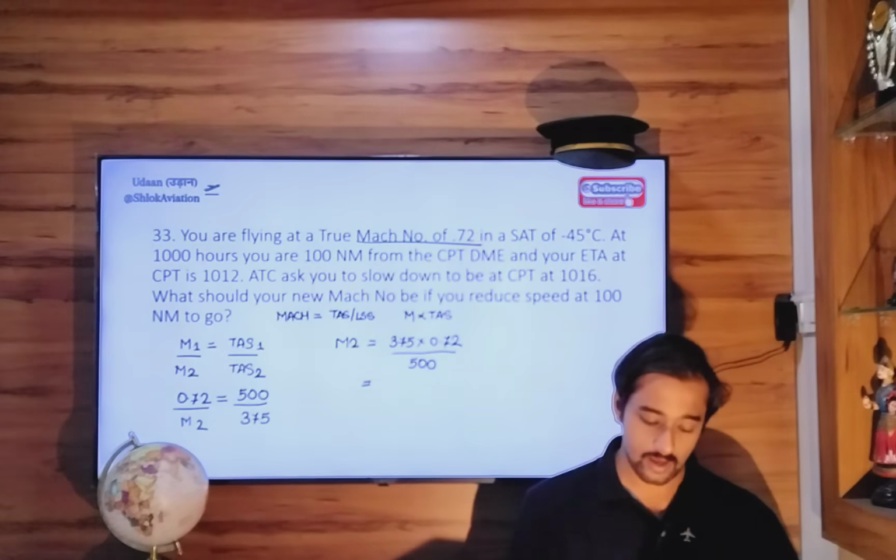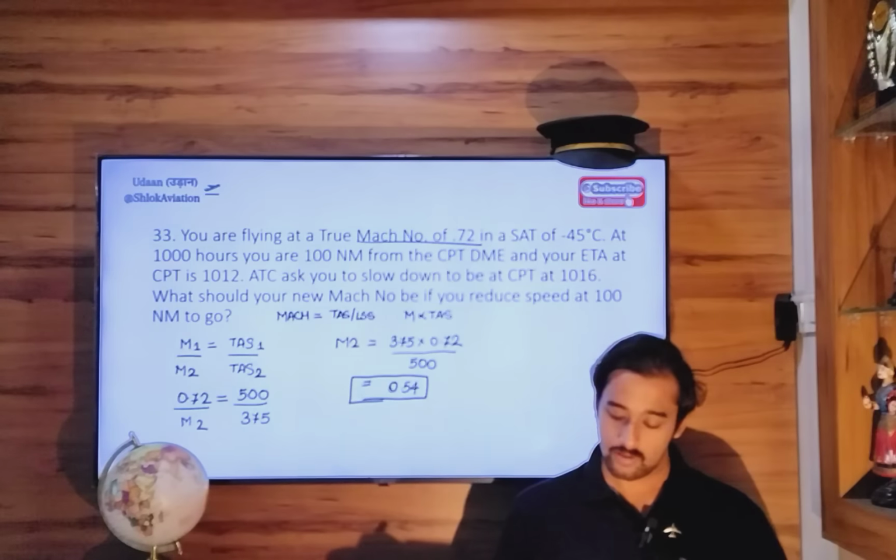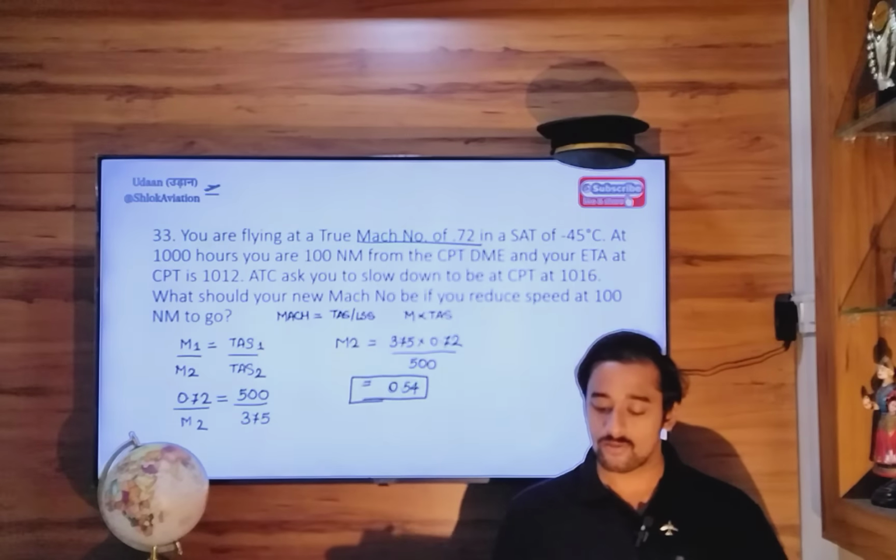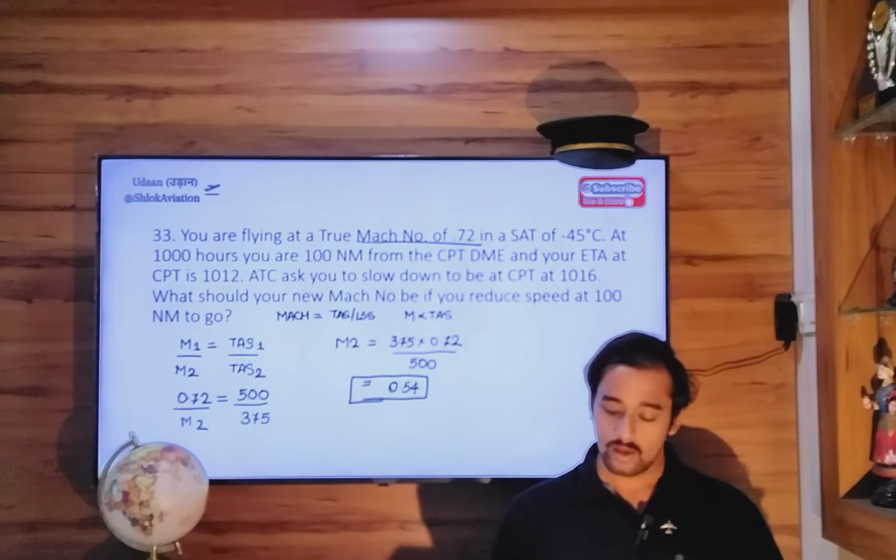So 375 into 0.72 divided by 500 is 0.54. So the new Mach number is 0.54. Okay, so you have to select the option which is closest to this. Overall, this is how you solve this question.